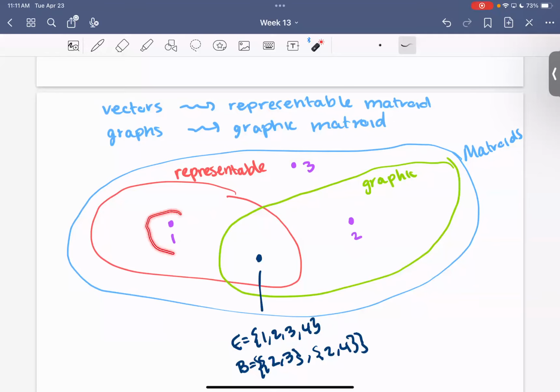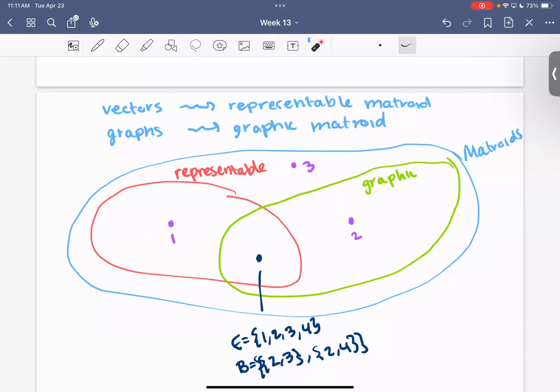Do you think that there's anything here? Just raise your hand if you think that there's probably something there. There's no matroids here. Okay, what about here? Graphic but not representable. No. Okay, what about here? Neither? Maybe yes to neither. Okay, so you think that these two circles are equal, but that probably there's something out here.